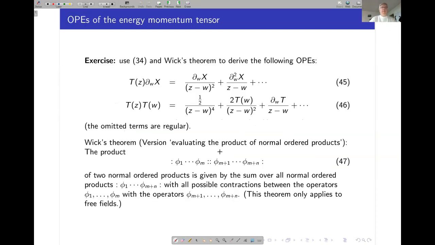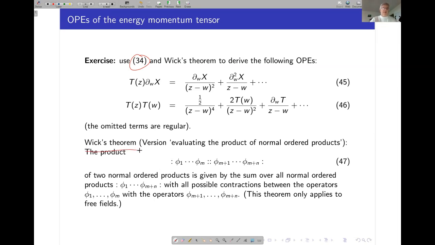Now, using 34, which is the OPE of dx with itself, one wants to compute the OPE of the energy momentum tensor with the field dx and also the OPE of T with itself. And this can be done with only the OPE 34 as input if one knows about Wick's theorem.